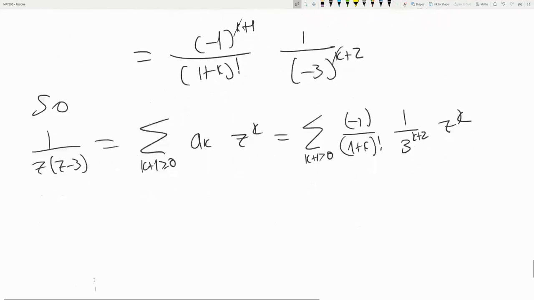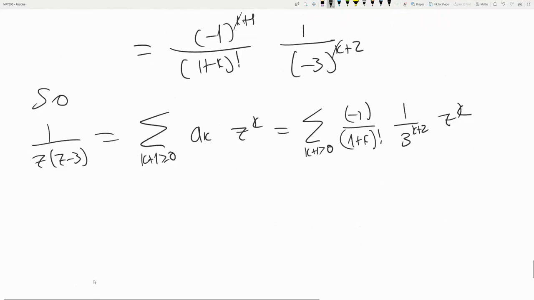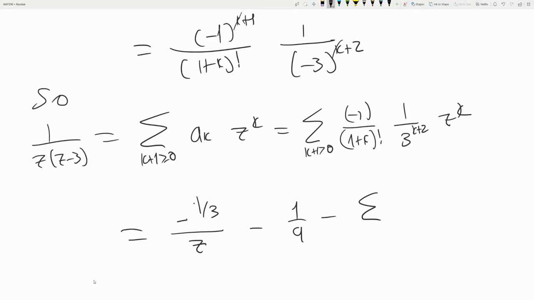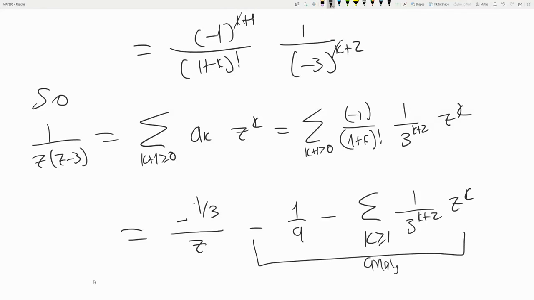And let me write a few terms. So the first term is minus 1 over 3 z, and the rest is analytic. So this is analytic, we don't care about it. And this one is the principal part.